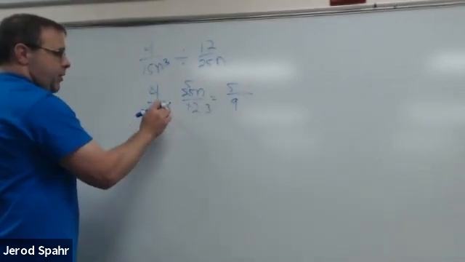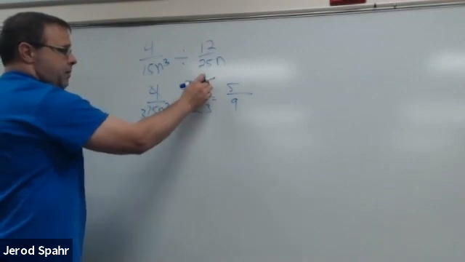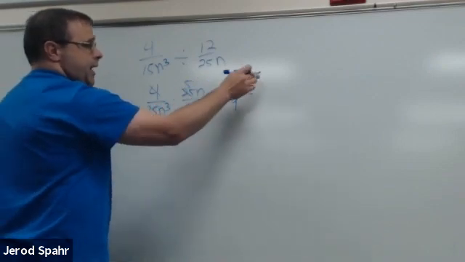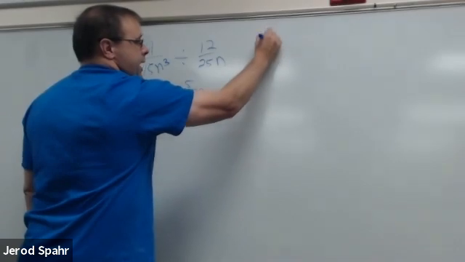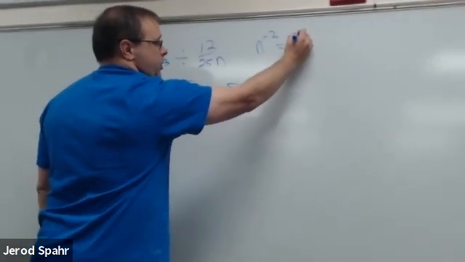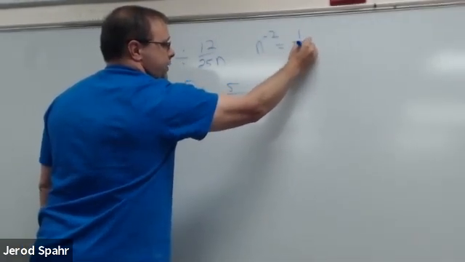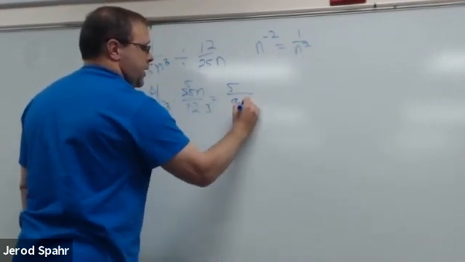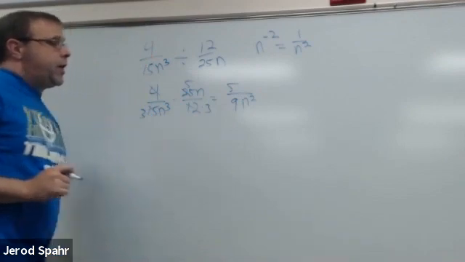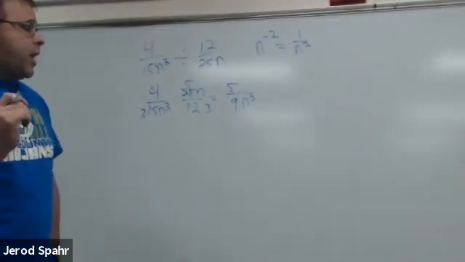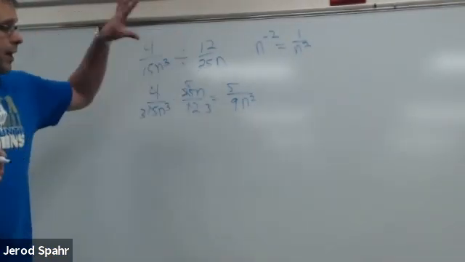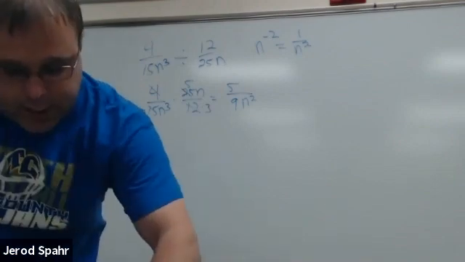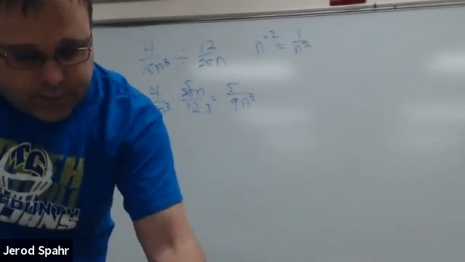I have an n here and an n cubed here. So it's going to be n minus 3. So I'm going to have n to the negative 2. N to the negative second. We got to remember that old rule, it's going to be 1 over n squared. That's the same thing. So 5 over 9n squared. Reciprocate and multiply. Reciprocate and multiply. That is the biggest thing.